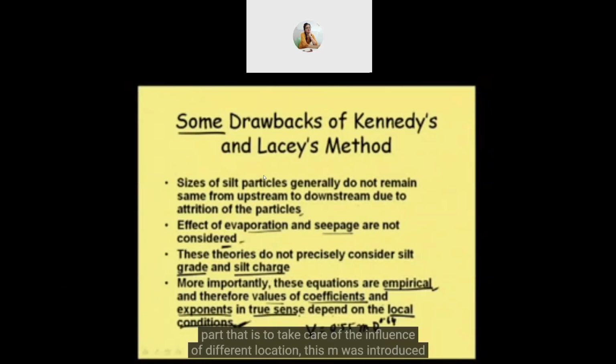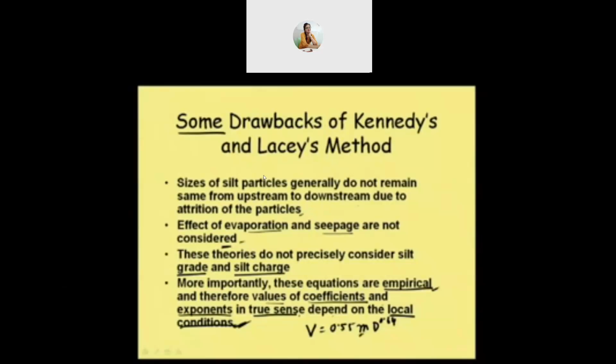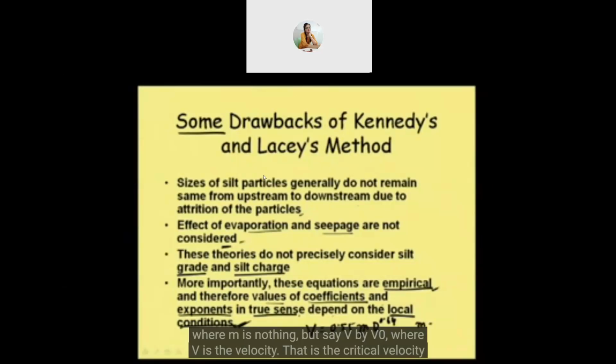To take care of the influence of different locations, M was introduced, where M is nothing but V by V0, where V is the critical, non-silting, non-scouring velocity of the region, and V0 is the critical velocity of the upper Bari Doab Canal region.